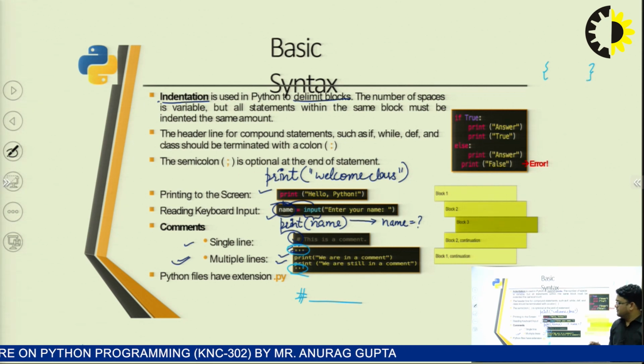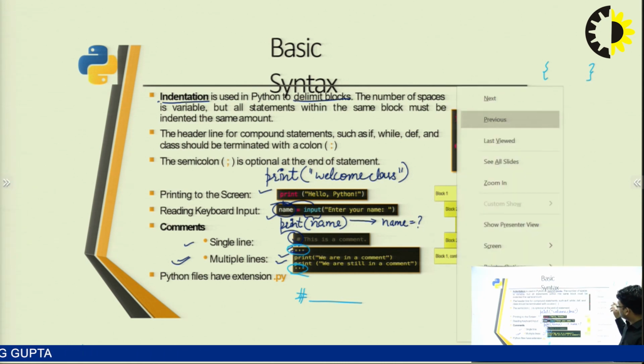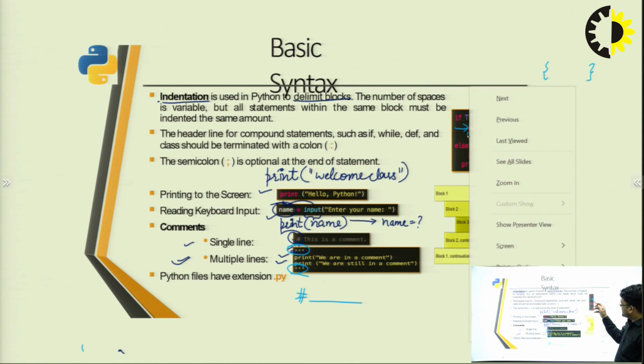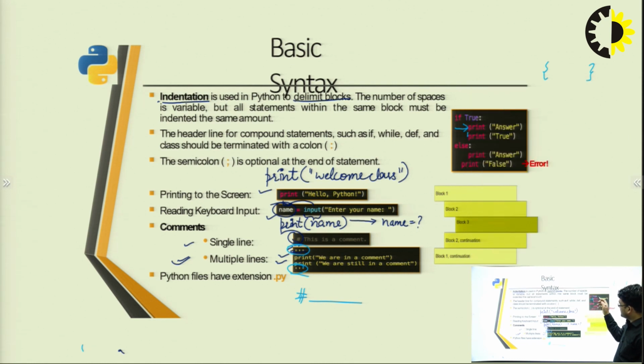But in Python, if you want to use if, we first have to provide some space, so that it is easier for the compiler to understand that this statement is part of this if conditional statement, and whatever we write in this line will be part of this if statement only.